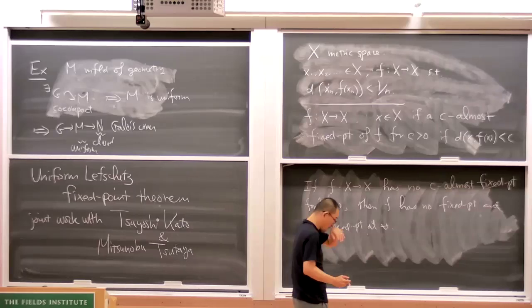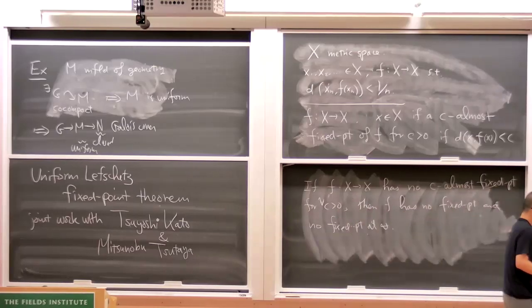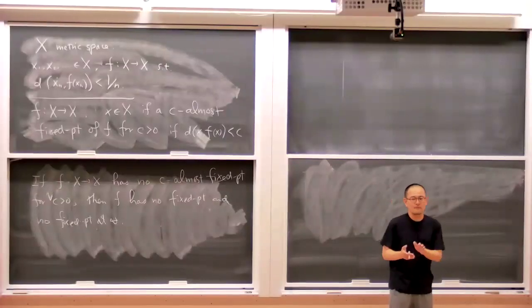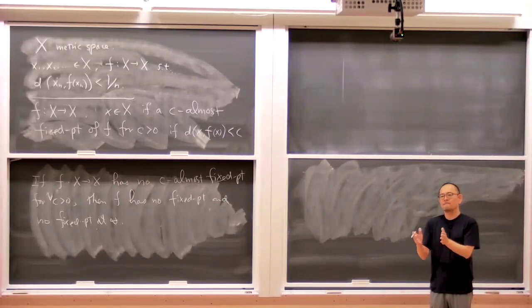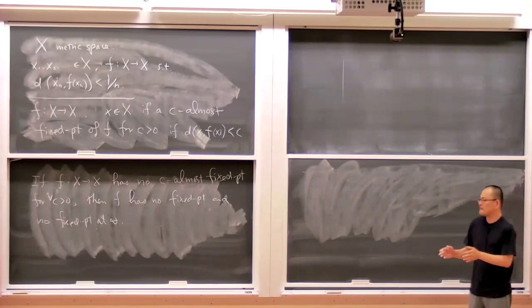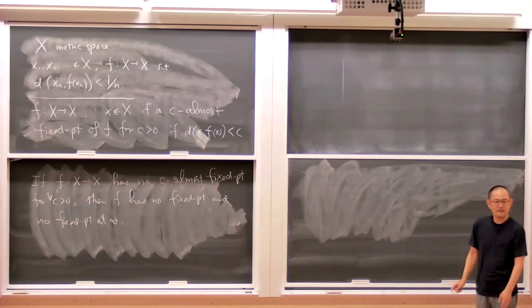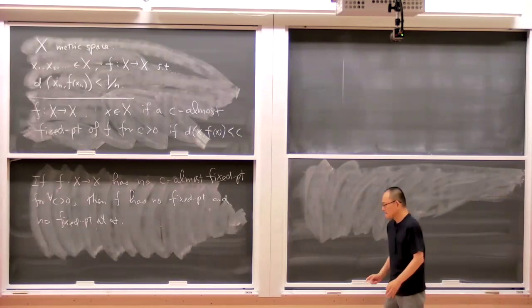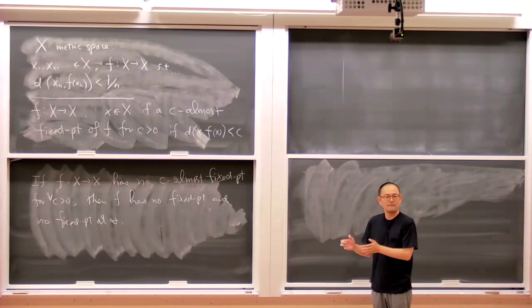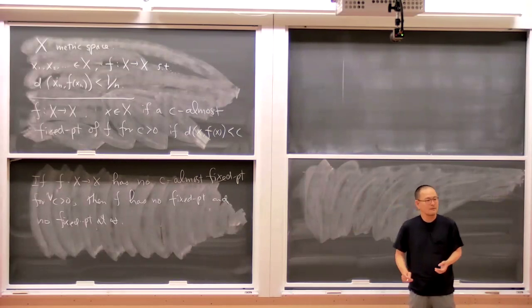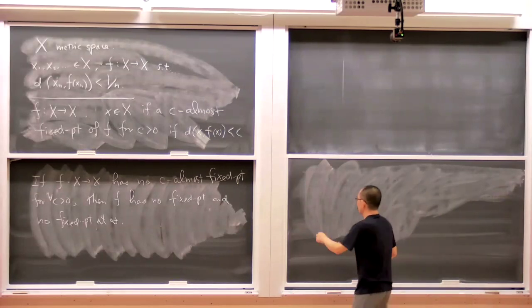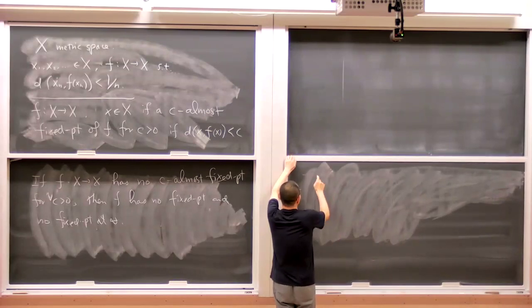But I'm not going to consider diffeomorphisms which are very close to the identity map. I allow a map somewhat distant from the identity map. But I'm not going to allow any self-map because it's really uncontrollable. So I'm going to put this condition on the self-map of the manifold.